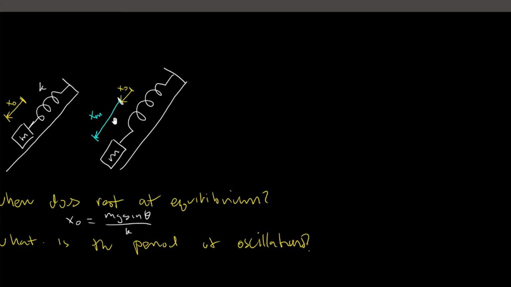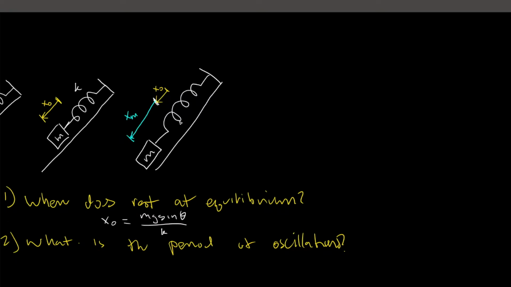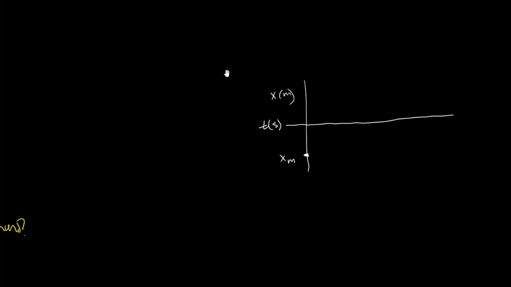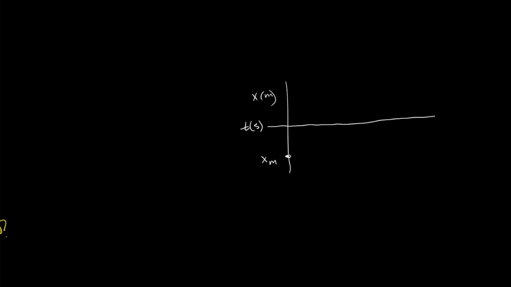And we're going to say this position right here is x equals 0. Simplify it a bit. So that box, once we release it, is going to start oscillating like this. So it's going to be a sine wave or a cosine wave.